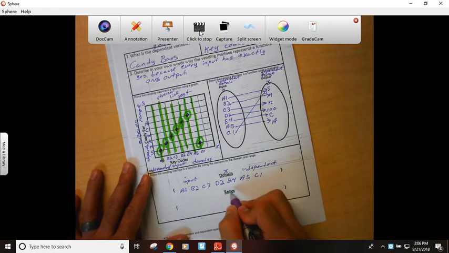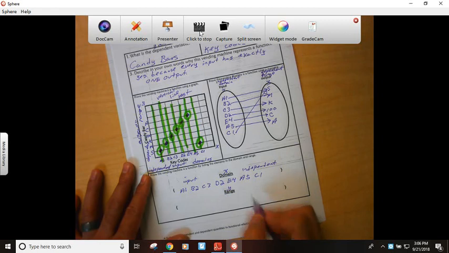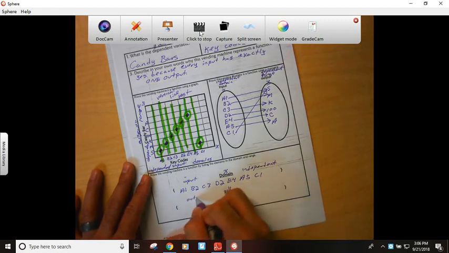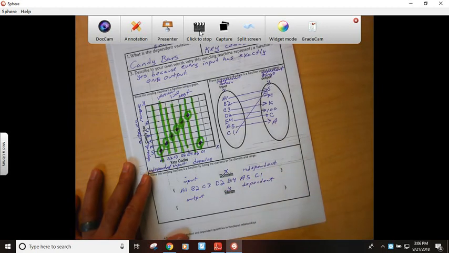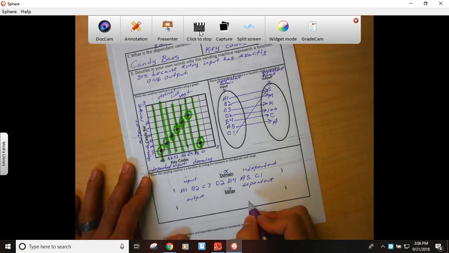The range are our Y values. We can call them our outputs. We can call them the dependent variable. So we're going to list them. Now I'm going to list each one.